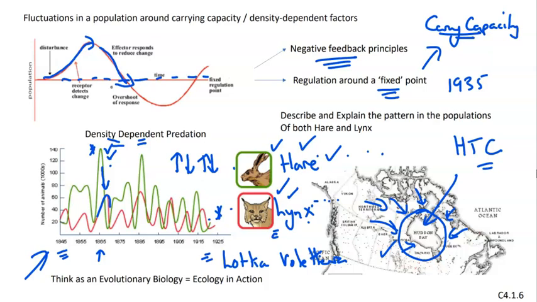So we're starting to think now in evolutionary terms, that the environmental resistance doesn't just reduce the number of individuals, it also selects individuals which are better suited to survival in the area, be that the lynx or the hare. And so we're starting to see the role of evolution in ecology, and indeed there is the phrase that ecology is actually evolution in action, which is a very useful way to think about ecology.